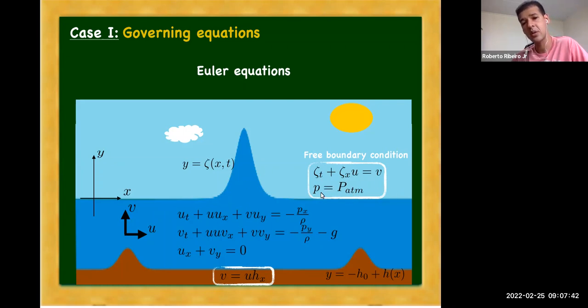Basically, this equation says that along the free surface, the pressure is equal to atmospheric pressure. I reckon that everyone here agrees with me that this equation is very ugly and very hard to solve, because we have a system of nonlinear PDEs with free boundary conditions.